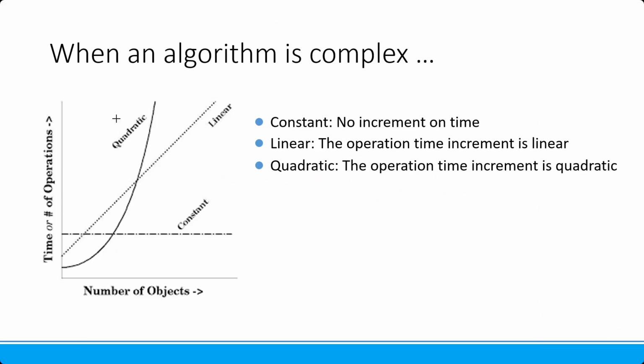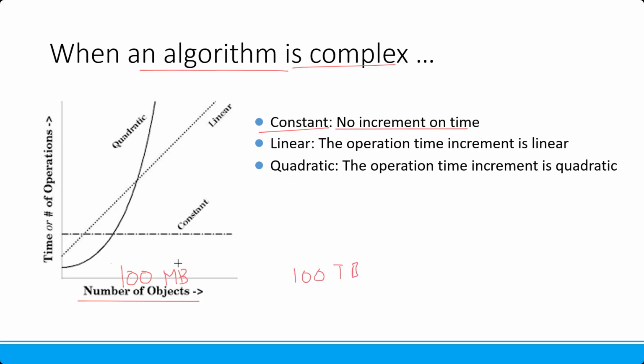And we need to consider the algorithm. When an algorithm is complex, then what happens? Constant means no increment in time. The number of objects: if I have 100 rows of data, or let's say I have 100 megabytes of data, and I have 100 terabytes of data.